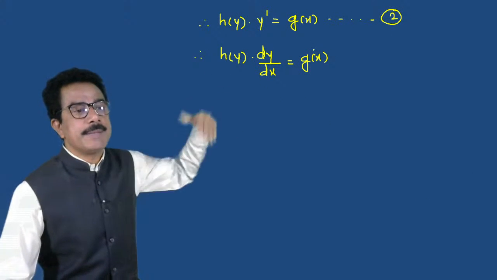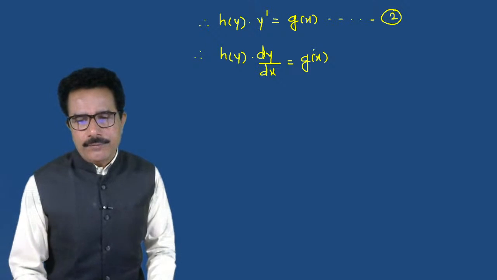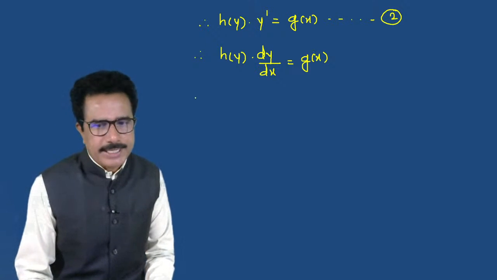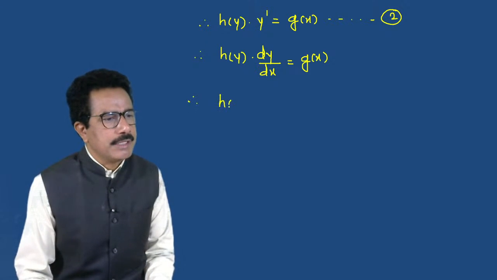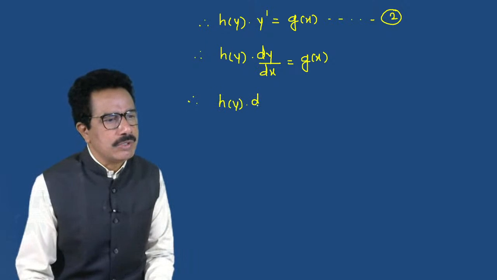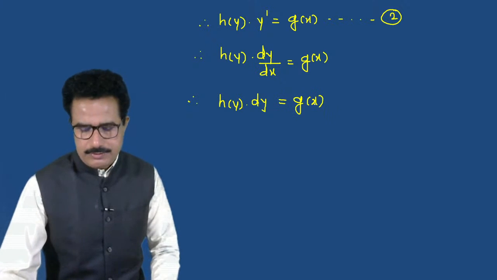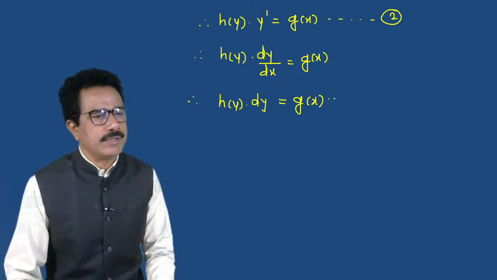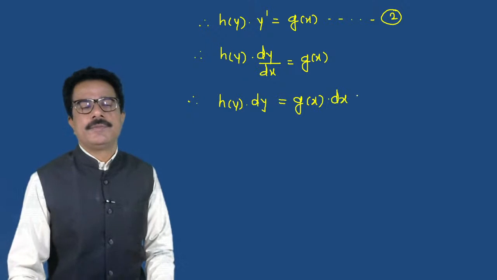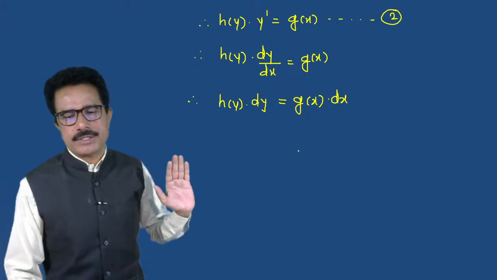That means we can separate the variable. So we can write this equation again in the form h of y into dy which is equal to g of x into dx. This is the complete variable separation form.